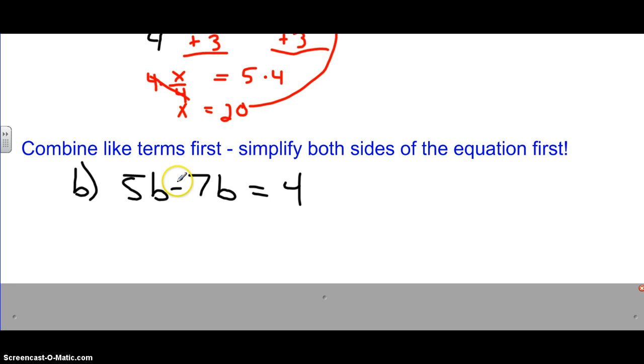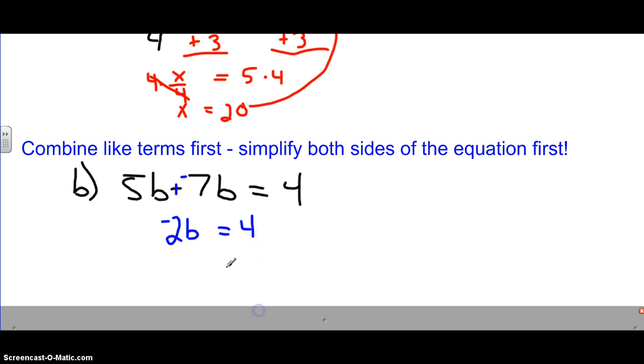So think about it. What is 5b minus 7b? Now we learned that we can add the opposite, right? So 5b plus negative 7b is, you guys are good at this, negative 2b, right? Negative 2b equals 4, okay? And now we're in just a simple one-step equation, right?